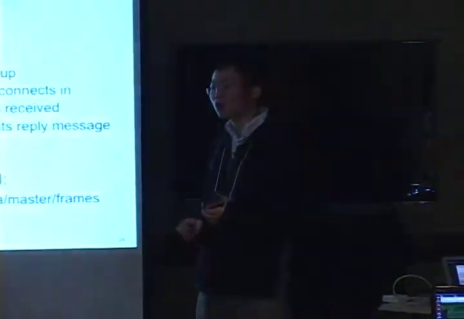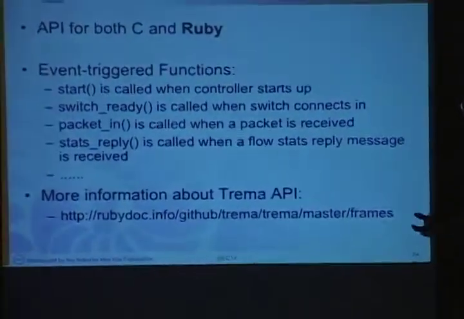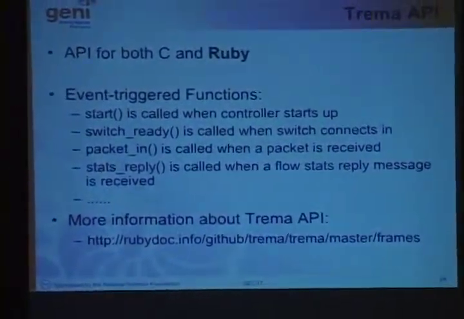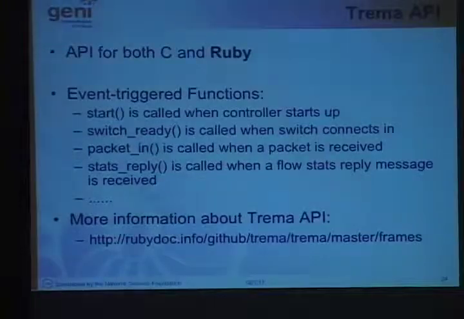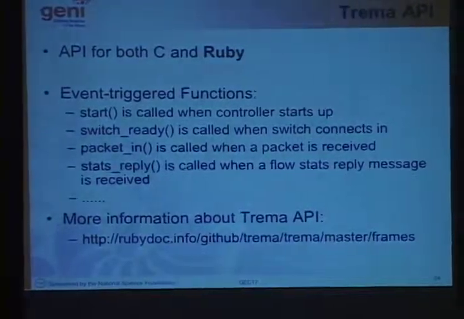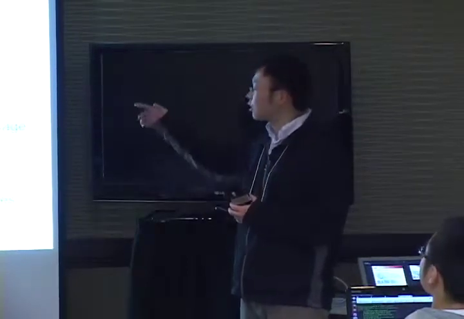And here is a list of the common functions provided by Trema. Start will be executed when your controller is up. And switch ready will be executed when the OpenFlow switch connects to your OpenFlow controller. If you open the OpenFlow controller example we have in the root directory of node switch, you can see how we define these two functions.